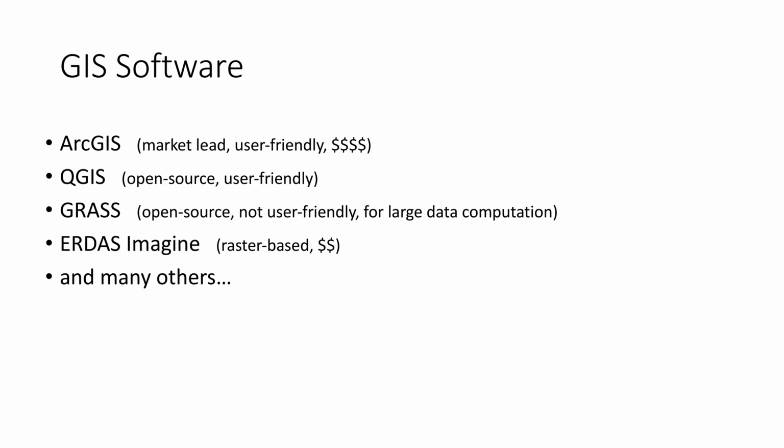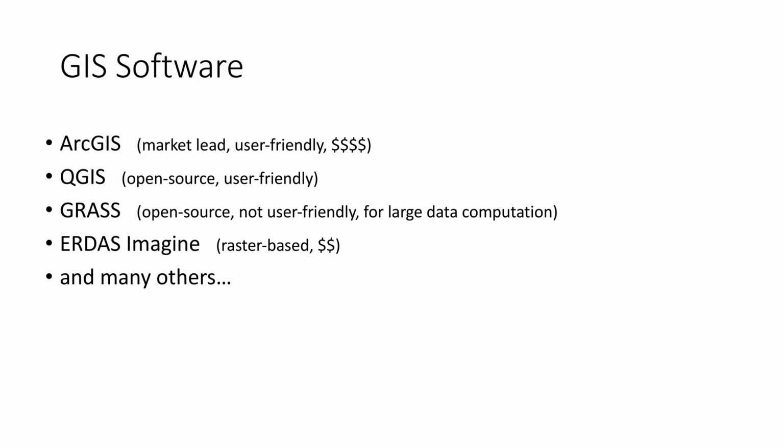Next, we'll be talking about GIS software. So there's a number of different GIS softwares out there. ArcGIS, QGIS, GRASS, and ERDAS Imagine are just a few to name. These are very popular. However, there's pros and cons to each of them.